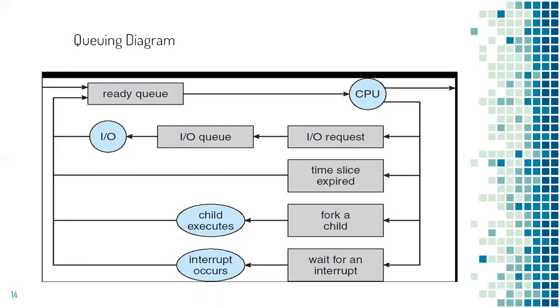In such cases, the process has to wait till all its children processes execute. So once its child process executes, the process which was suspended from the CPU will be put back to the ready queue, and later it might get the next chance to execute on the CPU.